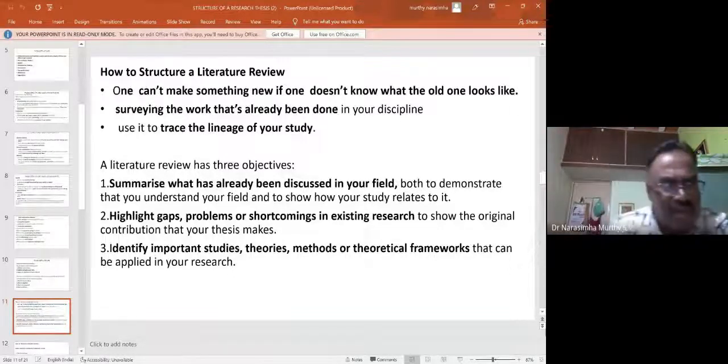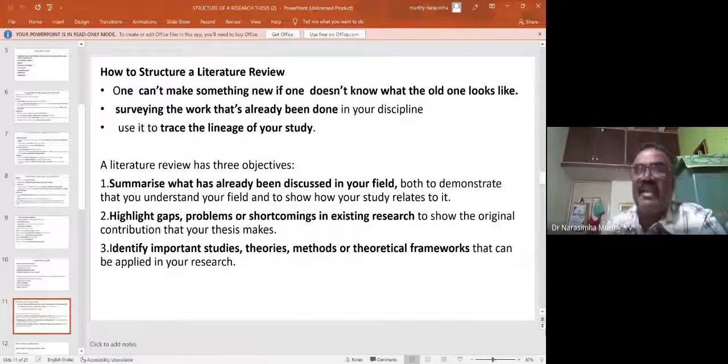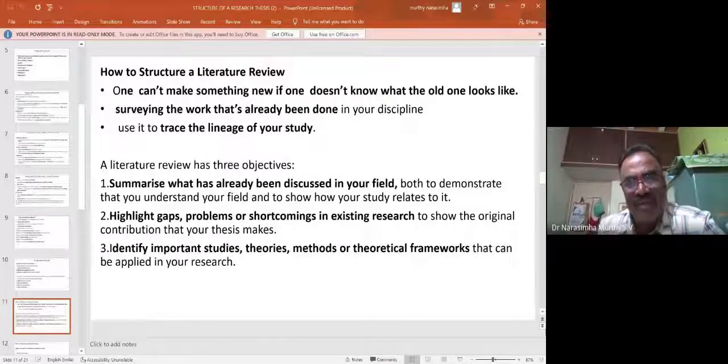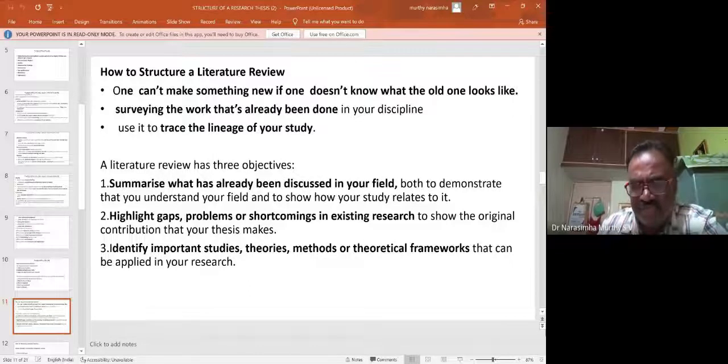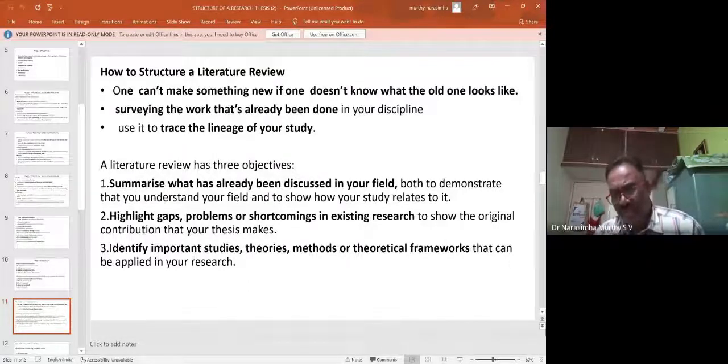Here, I remember one critical essay by T.S. Eliot, Tradition and the Individual Talent. Whenever I talk of literature review, I always remember this essay. There is a tradition. You can come out of the tradition and contribute something that is new.